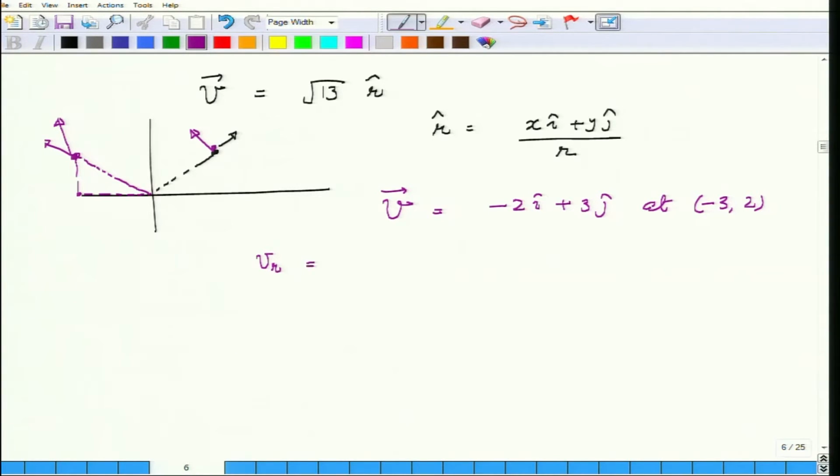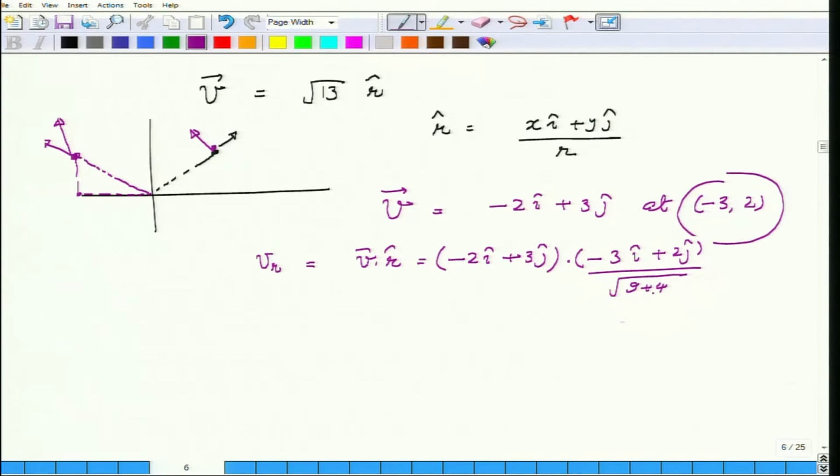Let us calculate Vr, which is going to be v dot r unit vector, which is minus 2i plus 3j, this is the velocity, dot the unit vector, which is minus 3i plus 2j divided by r, which is the square root of 9 plus 4. So, this comes out to be 2 times 3 is 6, 3 times 2 is 6, 12 over square root of 13. So, Vr is this. How about V phi?